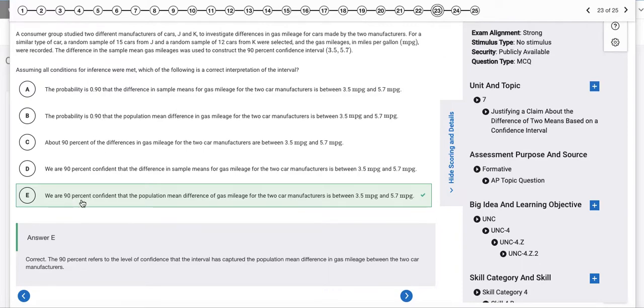So the 90% is not a probability. It's just how much confidence you have in there. And what that actually means is if you constructed many intervals, more and more intervals, like if you constructed 100 of them, 90% of the time, your interval will capture the true mean difference. Okay, so look at page 434 to 435.